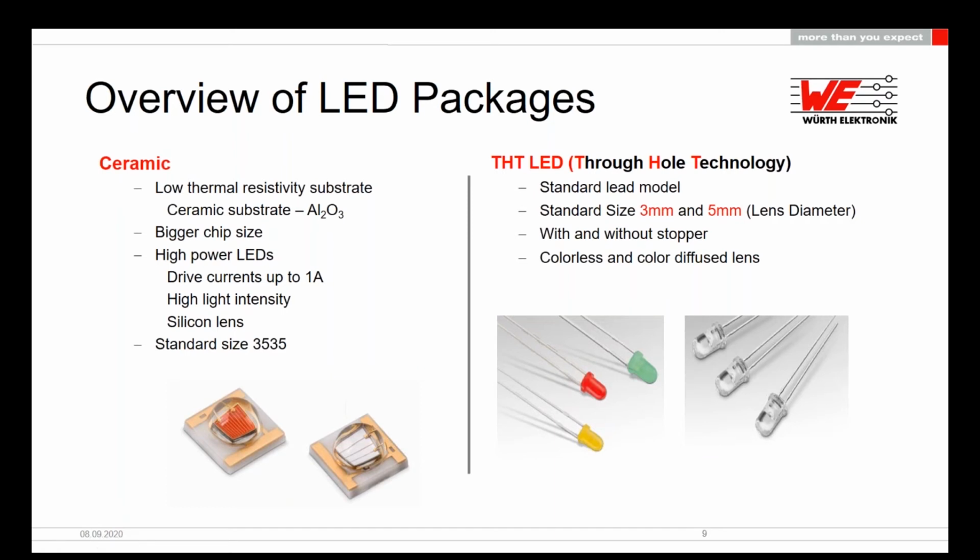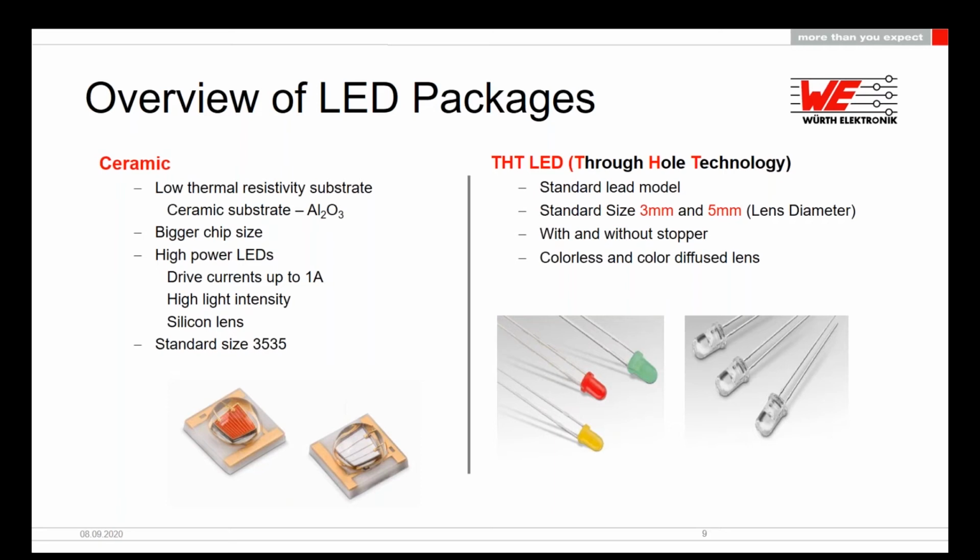This LED has a very big chip. Therefore, the intensity is higher, and this LED can be driven with a high current up to 1 ampere. The common size is 3.5 by 3.5 millimeters.